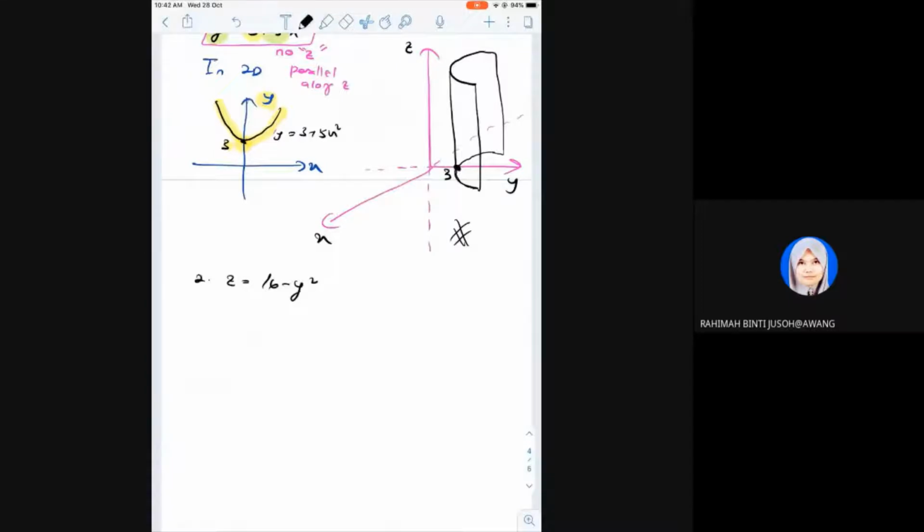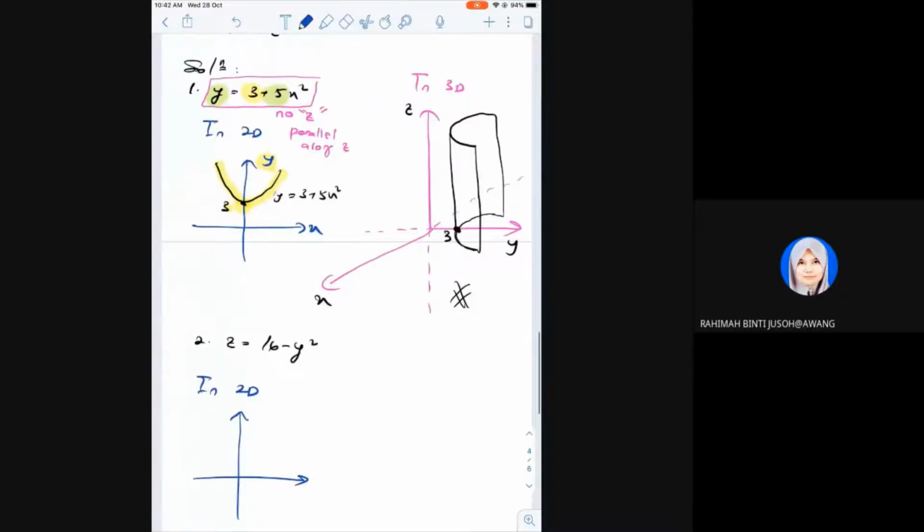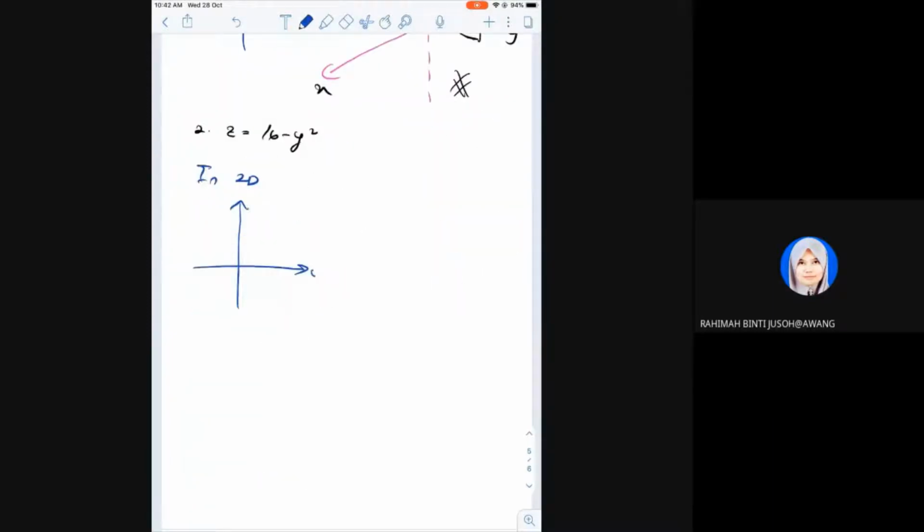Let's say in 2D, just to get the idea, kalau lah dalam test nanti, sebab nanti soalan test dia banyak-banyak equation, nanti you pening, so you just get the idea by sketching the graph in 2D. Right now we have y and z, variable y and z yang terlibat, so z must be always vertical.